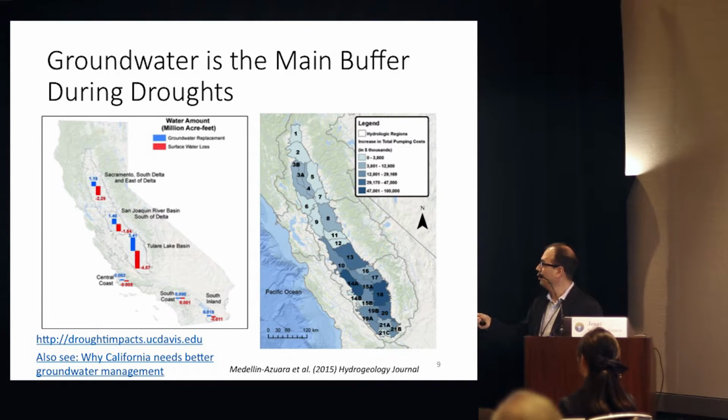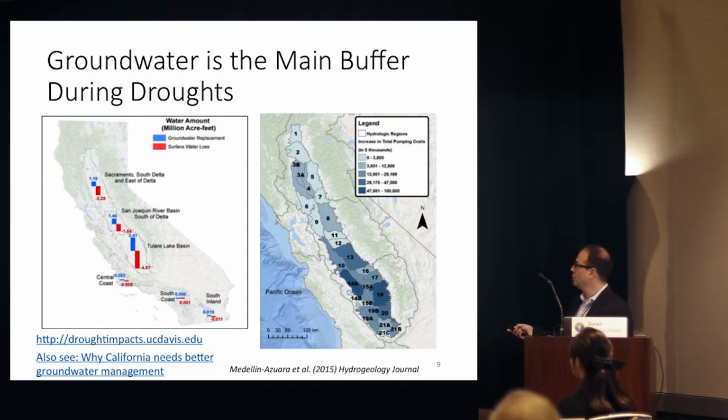So this is how much the groundwater has saved us during drought. This is the increased pumping. The red areas here are surface water losses. Blue here are the groundwater replacement. So this is how much increase we have in groundwater pumping.